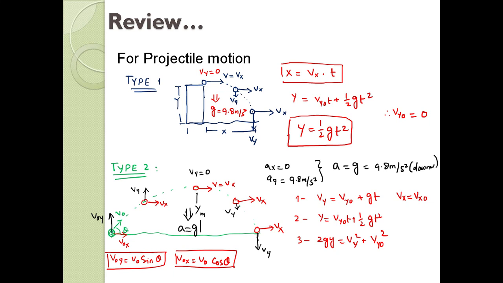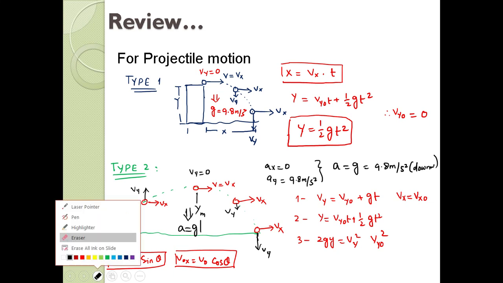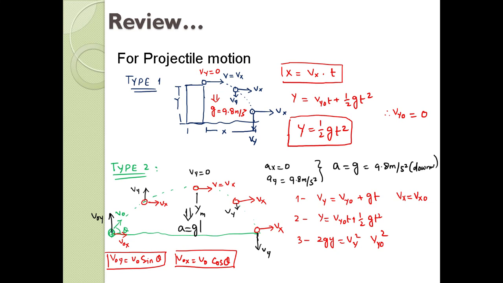Sorry, there is a minus here. Now these are the three equations that can be used to find final velocity, vertical height, when it is maximum, and also for this.